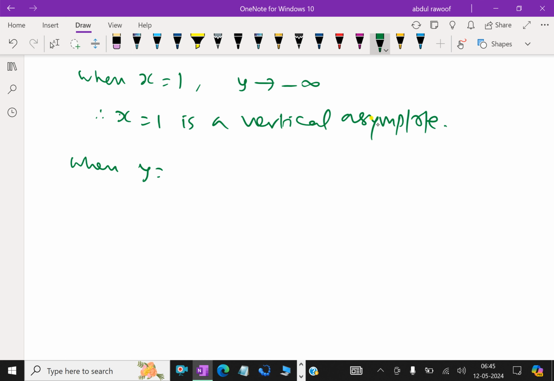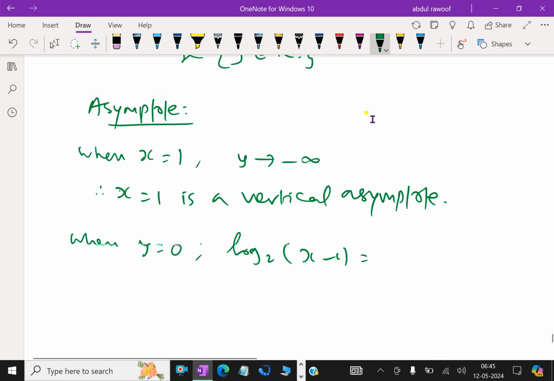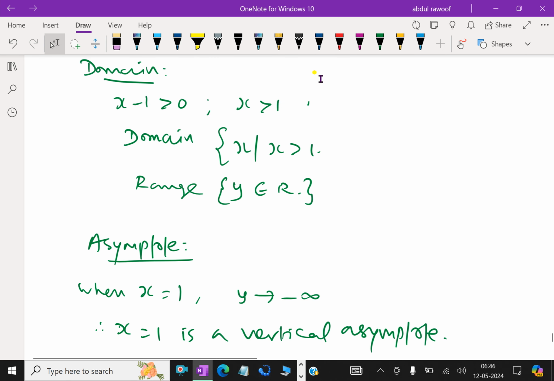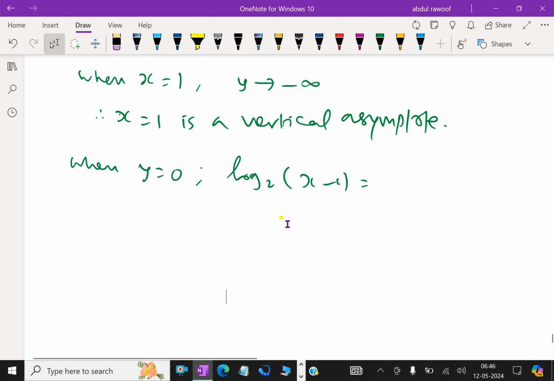When y equal to 0, then we can say log base 2 of x minus 1 equal to minus 1.